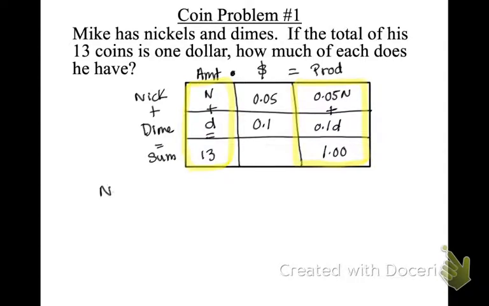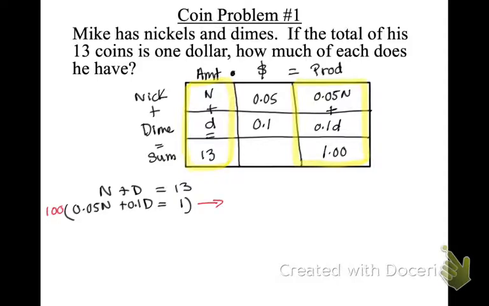All right, so here I go. I have N plus D equals 13, and I have 0.05N plus 0.1D equals 1. I'm going to clear the tens and multiply everything. I don't like the decimal, so by 100, right?